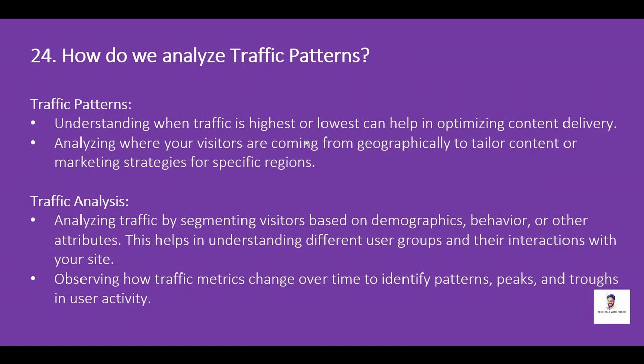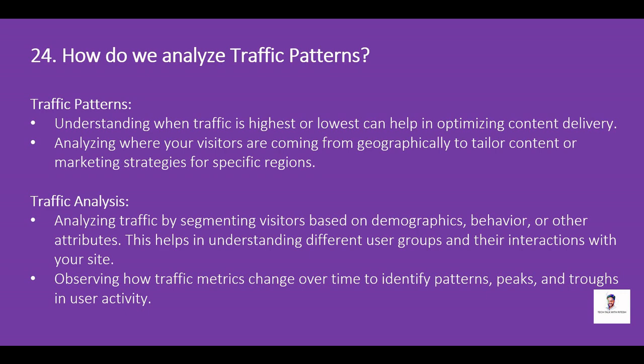How do we analyze traffic patterns? Understanding when traffic is highest or lowest can help in optimizing content delivery. What does that mean? For example, you are running your website specific to US users, and your campaign should also start at the time when people are not sleeping, of course.